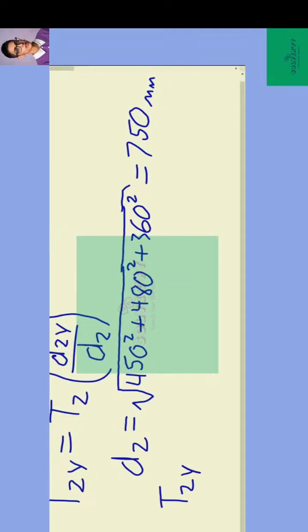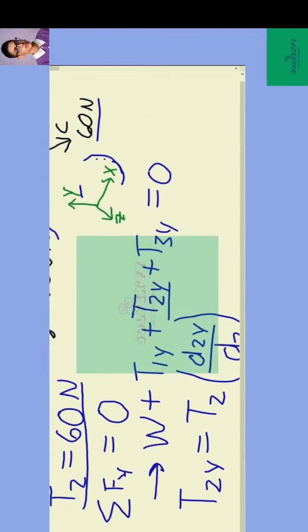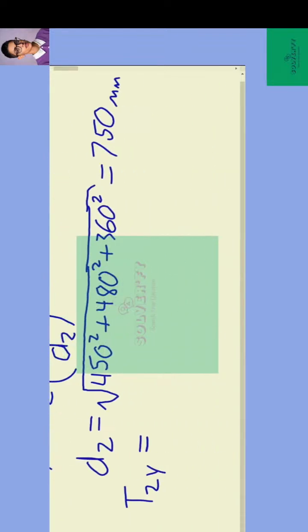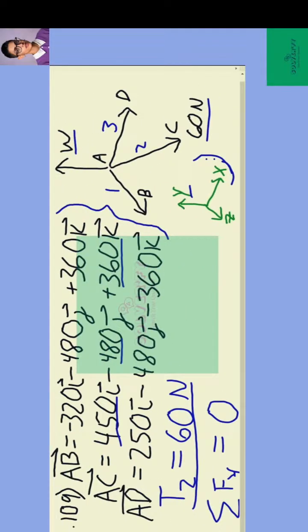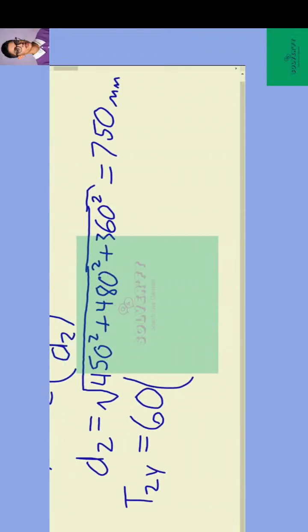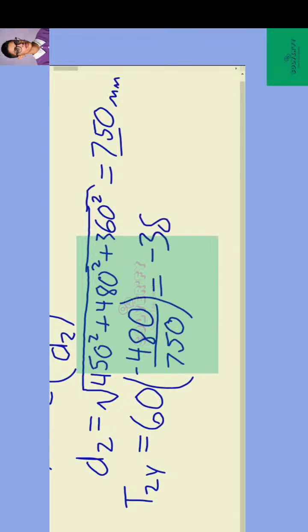Now we go back to d2y. We just take our T2 value of 60 newtons, multiply it by a ratio of d2y, which is that 480. It's negative 480 over our d2 of 750 millimeters. That gives us a T2y value of negative 38.4 newtons.